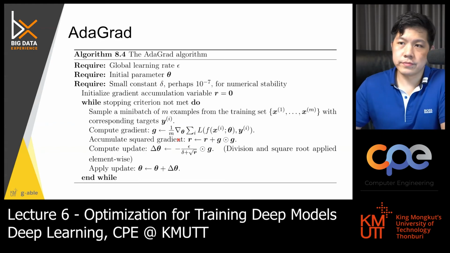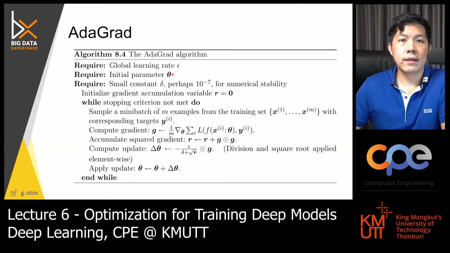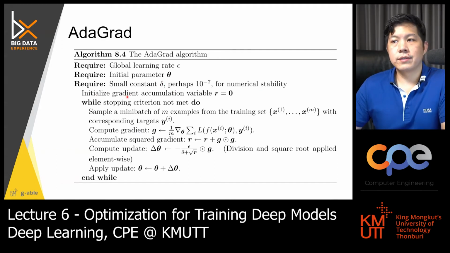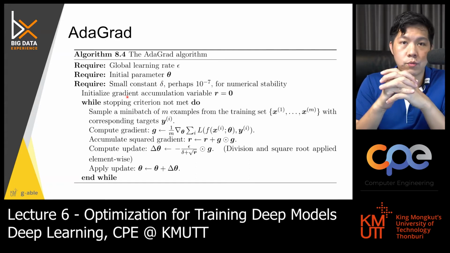how it works. Now we need to have this global learning rate at the beginning. This is epsilon here. We have parameters theta, and we have this small constant delta for numerical stability in terms of division. First, we need to initialize the gradient accumulation variable, right?